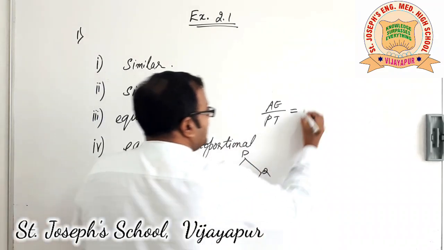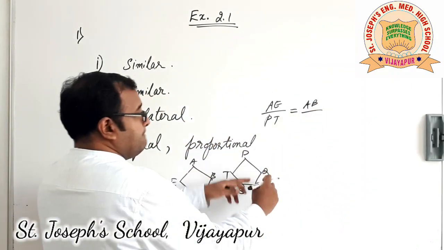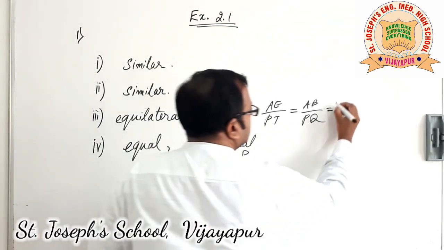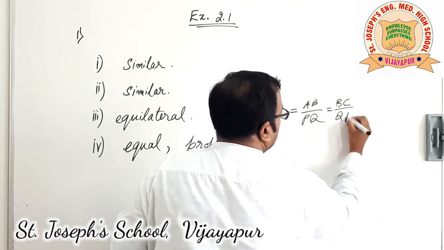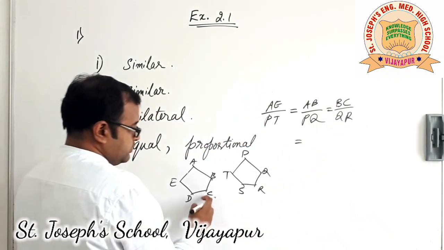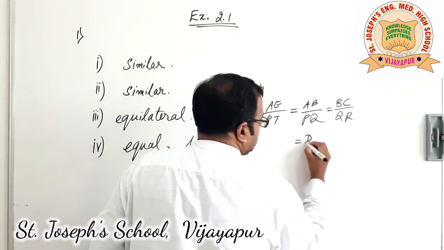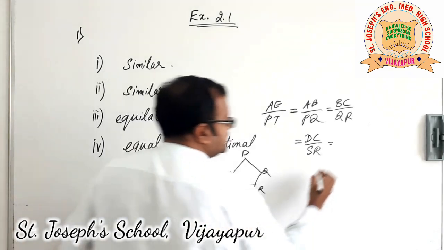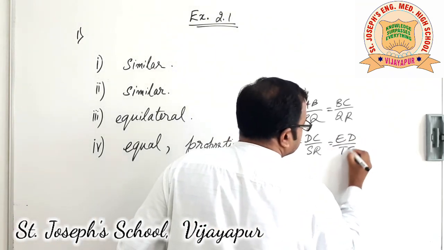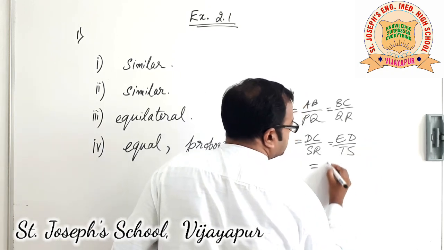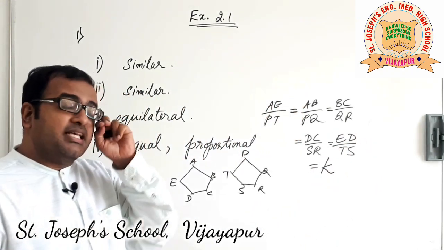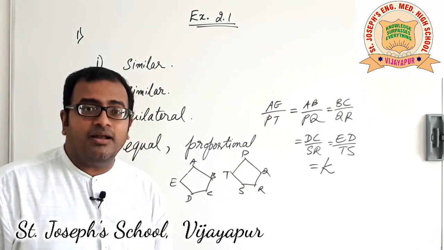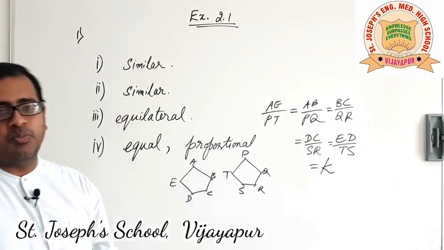So one more ratio is AB upon PQ, which should be again equal to BC upon QR, which should be equal to DC upon SR, which should be equal to ED upon TS, and all of them should be equal to some constant which will be called the scale factor. So that means the corresponding sides are not equal, they are proportional. So the answer is proportional.